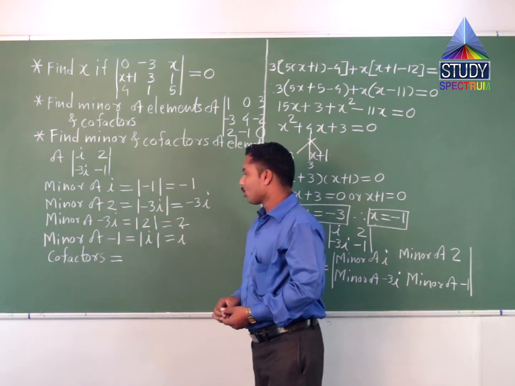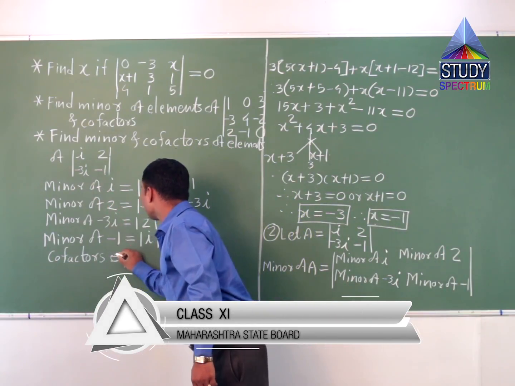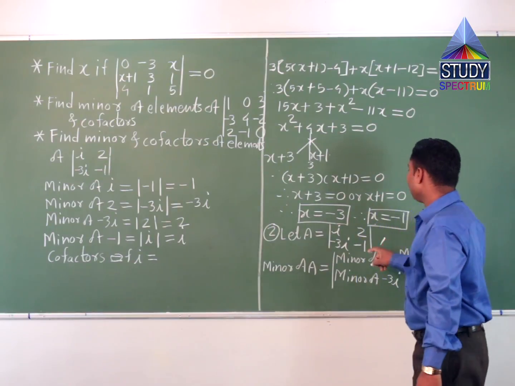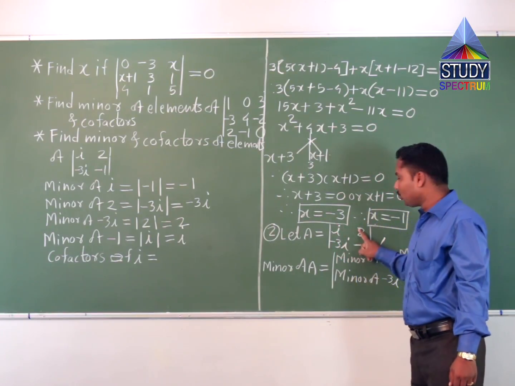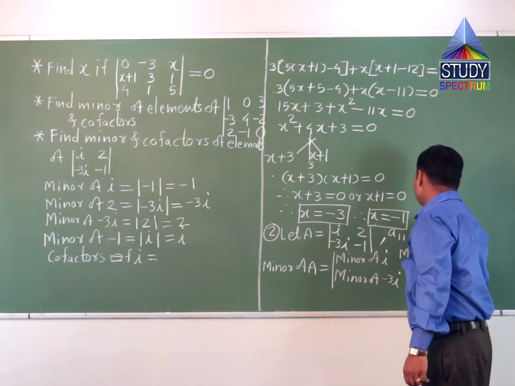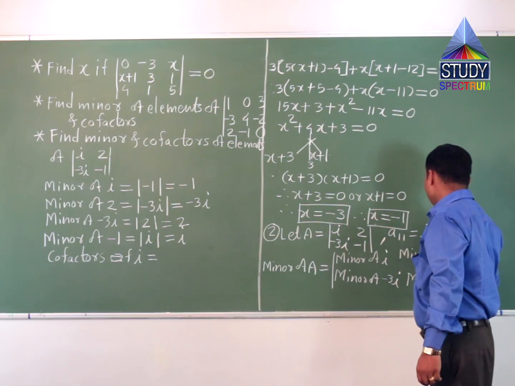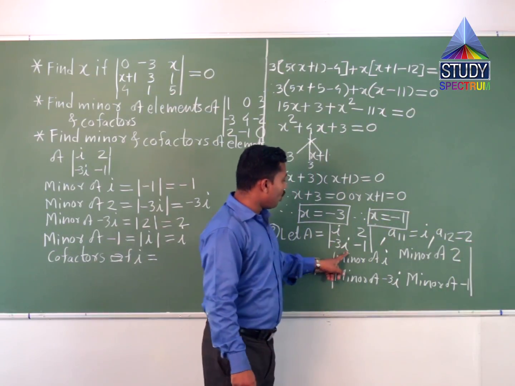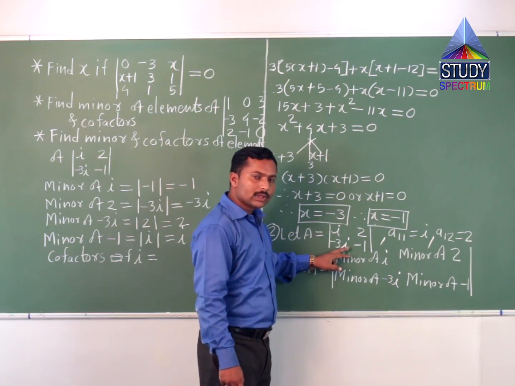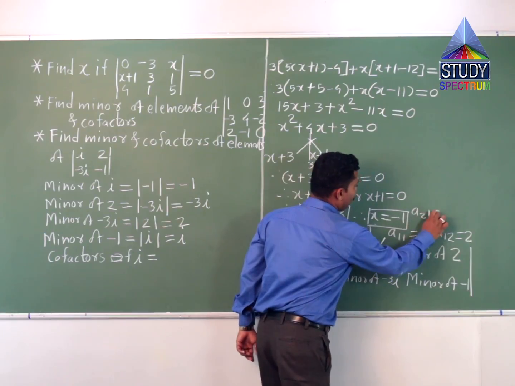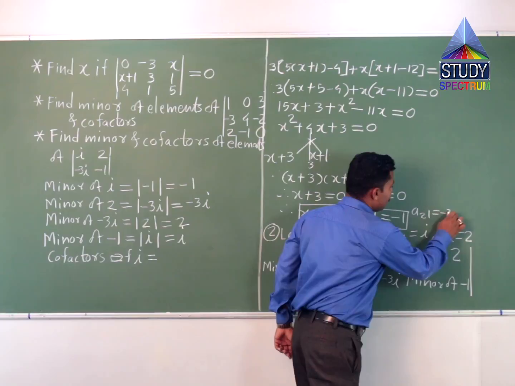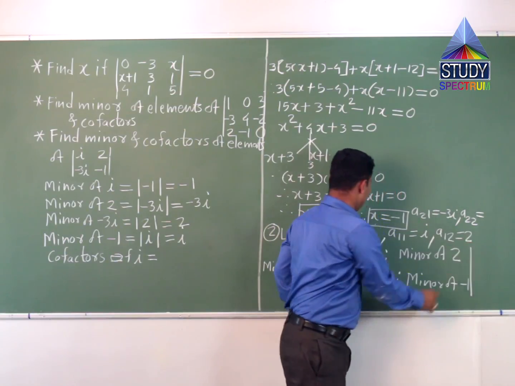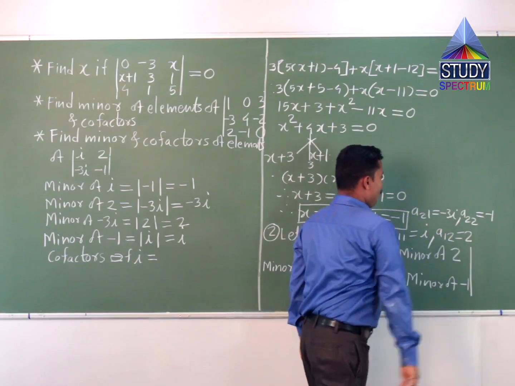Look carefully: this is a11, this is a12. a11 is i, a12 is 2, and a21, the first number of the second row, is -3i, and a22 is -1.